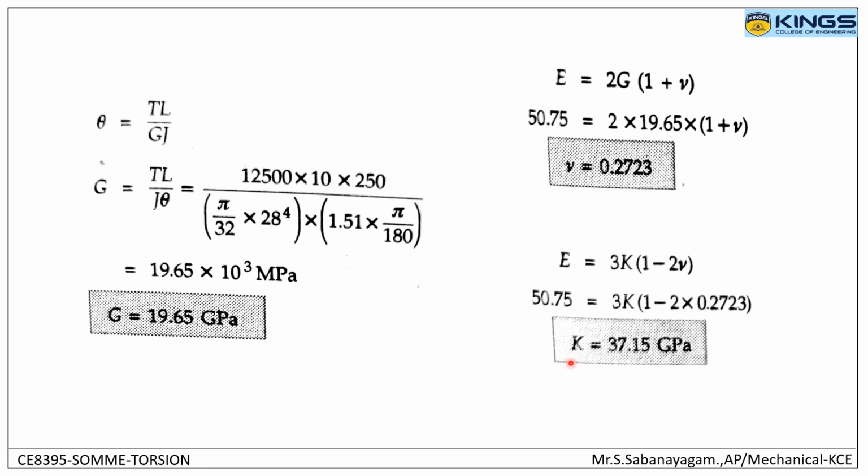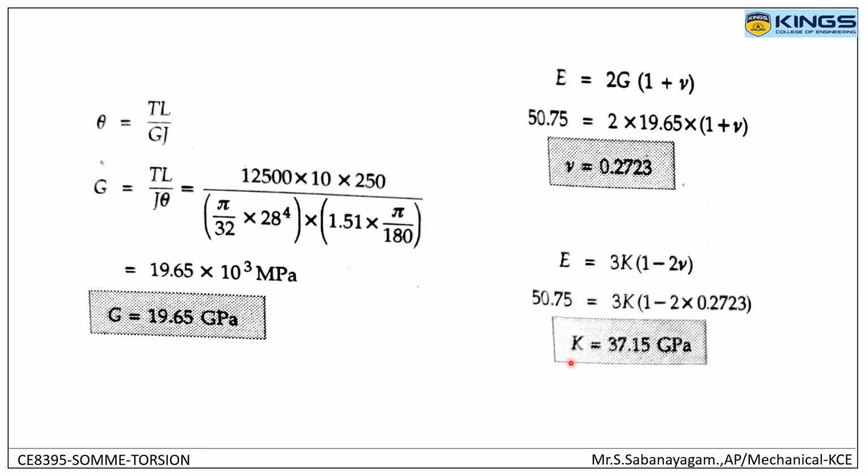So in this question, it is given that a magnesium alloy will be the material, and the shape of the material will be a round bar. So diameter given, length given, a load given in the data itself, and what are all the data to be found out is Young's modulus, rigidity modulus, bulk modulus, and Poisson ratio.